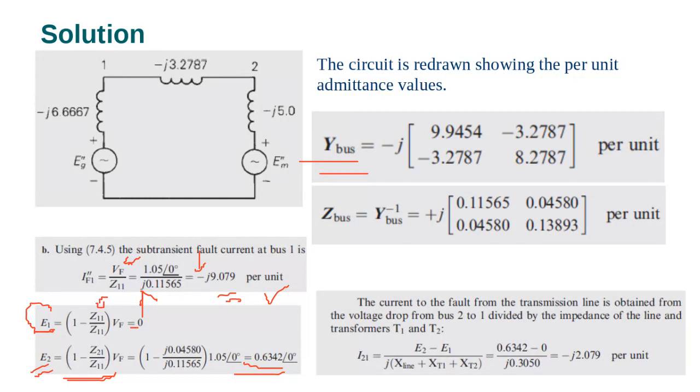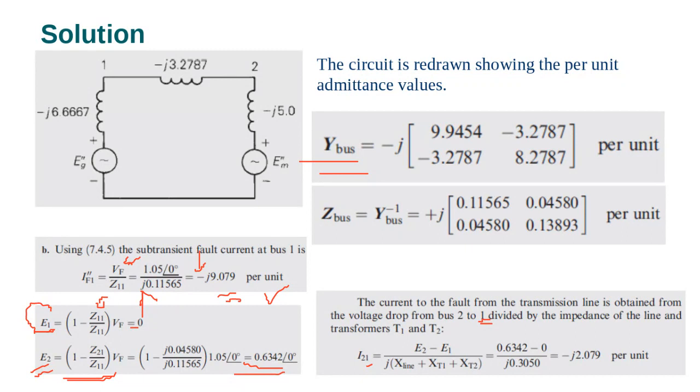And then if you want the current to the fault from the transmission line, obtained from the voltage drop from bus 2, it is from bus 2 to what? Remember now the fault happens at bus number 1. And we want to find the current that comes from bus 2. All the current now will come to the fault.